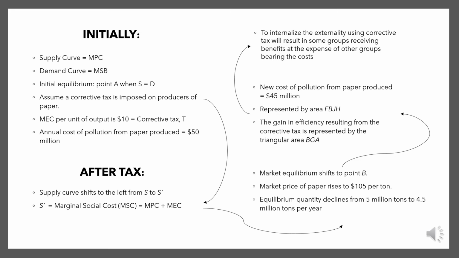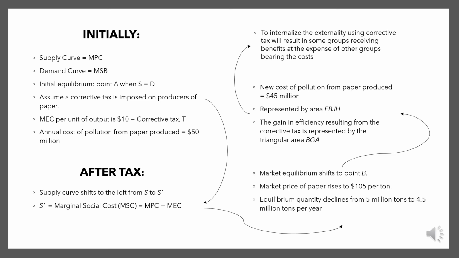Okay, the explanation is from the graph. It shows that MPC represents the supply curve and MSB represents the demand curve. Initially, the equilibrium is achieved at point A when supply is equal to demand. Assume a corrective tax is imposed on producers of paper.